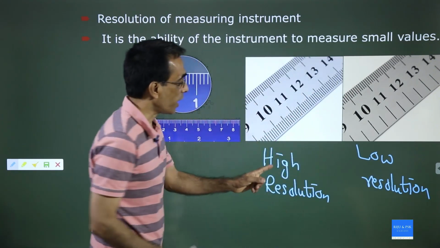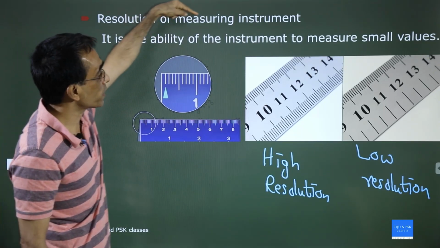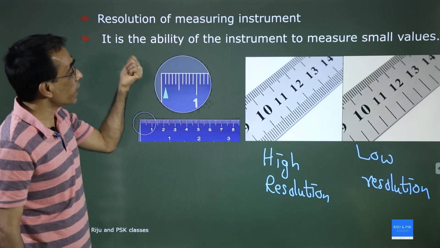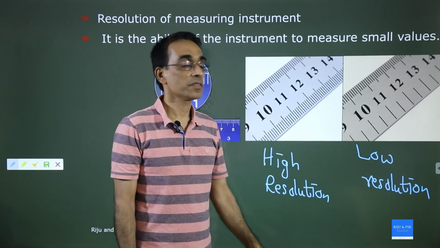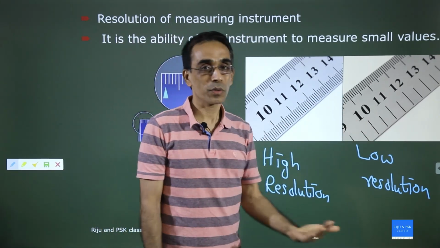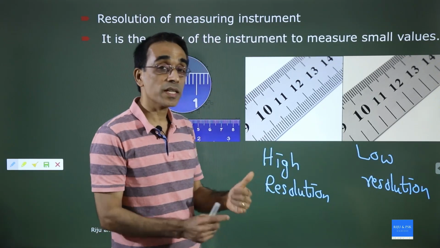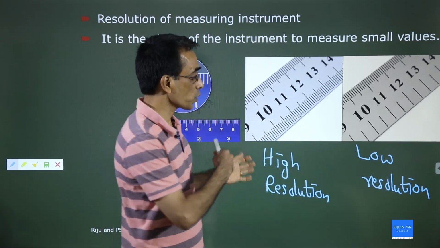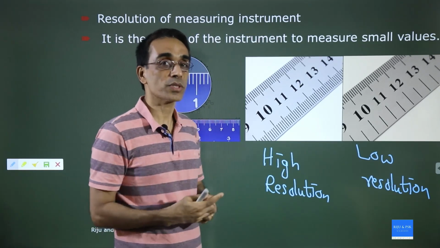So now after this, read the statement again. What is that? Resolution of a measuring instrument, it is the ability of the instrument to measure small values. So both of them have a resolution. This is able to resolve, this is also, but which can measure smaller values? The first one. So if you compare that and this, this is having a higher resolution.